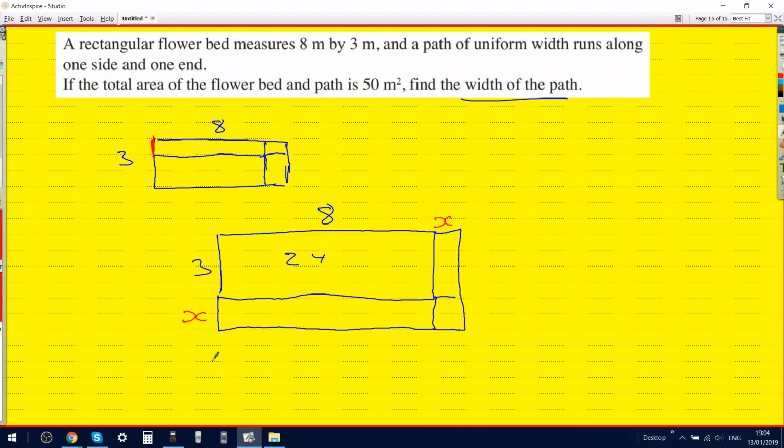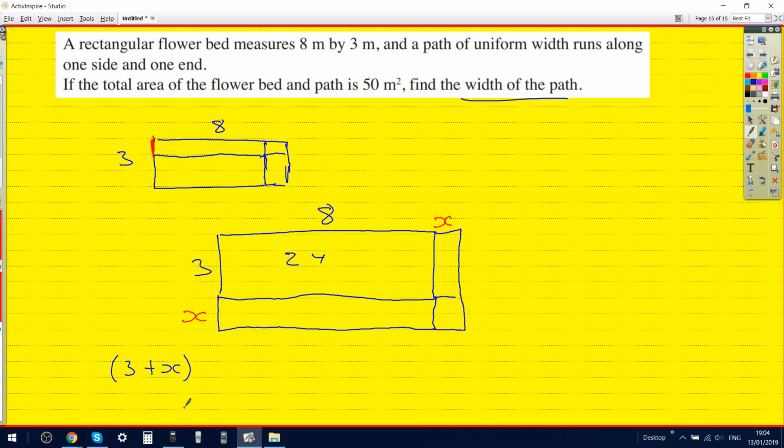Not necessarily. We said the total area is 50. What is the total width? 3x times 8x? Well, what is the total length of this line? This part is 3, this part is x. 3 plus x. Yeah, so the width is 3 plus x.